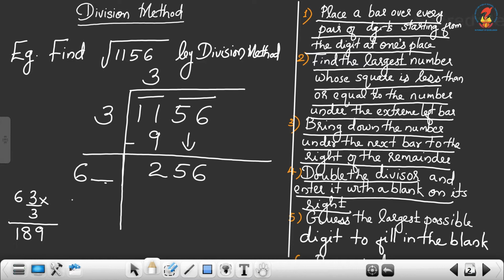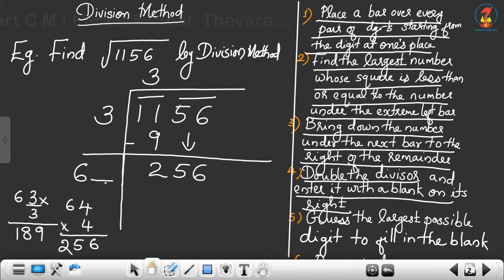Now if I take 4, that is the new digit is 4, 64. Then you have to multiply with 4. 4 4s are 16, carry over 1. 6 4s are 24 plus 1, 25.